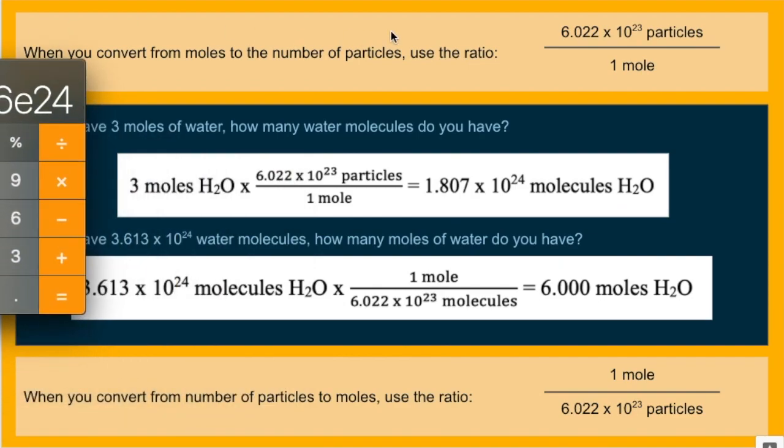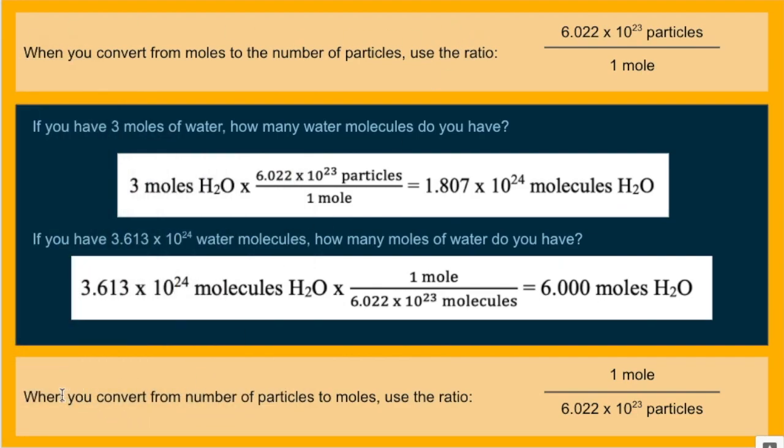All right, for the next one, it says if we have 3.613 times 10 to the 24th water molecules, so we're starting with molecules, how many moles of water do we have? I'm not using particles, but molecules and particles are interchangeable.